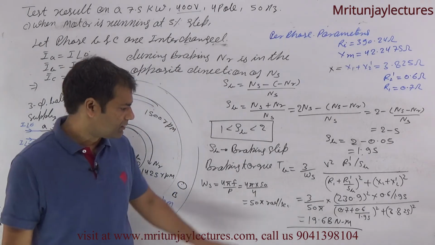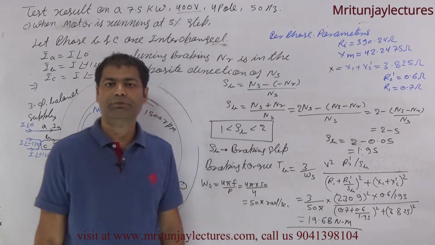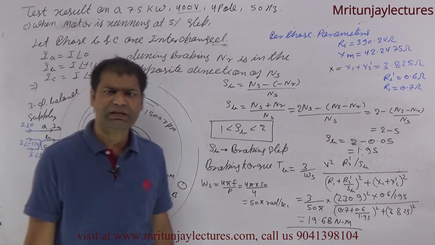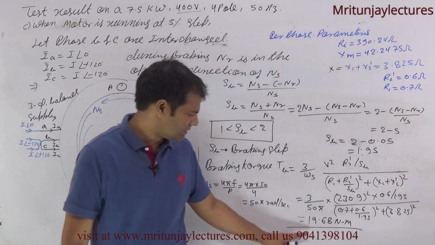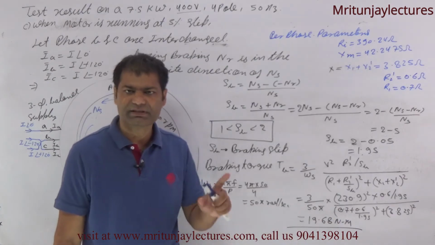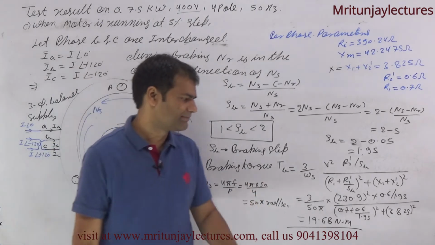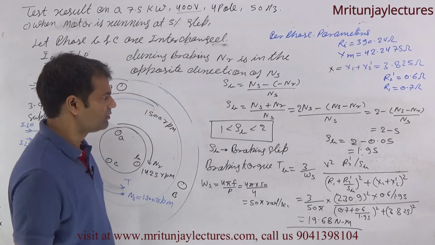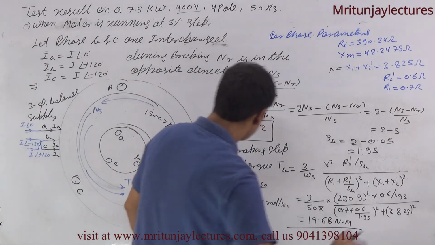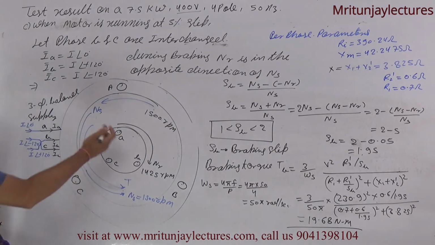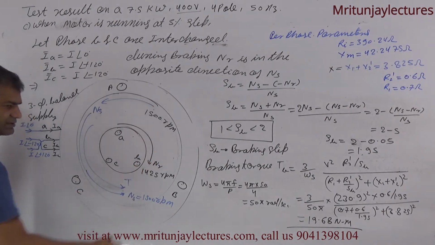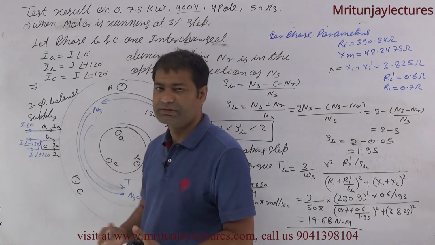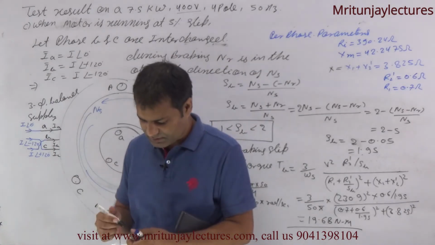Now, this braking torque is always less than the full load torque. Full load torque corresponding to this slip is 69 point something. This one is 19.68. It is clear why it is less, because the slip is increased. Now, rotor speed decreases after the supply phase sequence of the currents is interchanged.